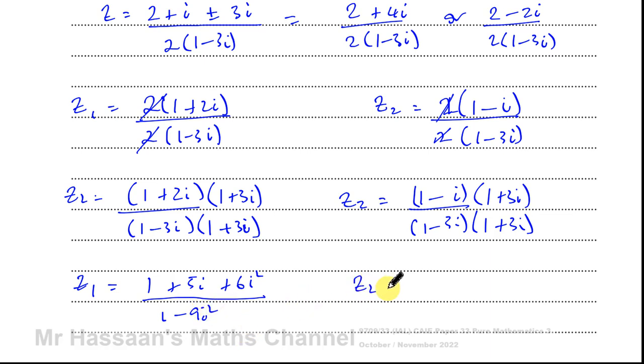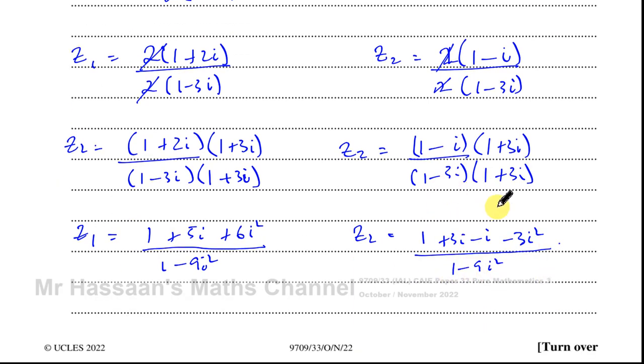And here I'll have z2 equals 1 plus 3i minus i minus 3i squared over, again, the same thing, 1 minus 9i squared. Okay, so remember, i squared is equal to minus 1.